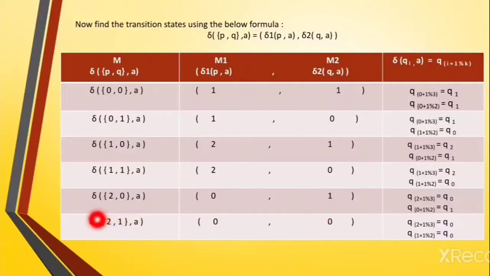For the last state, delta of (2,1), a: for 2 comma a we get 0, and for 1 comma a we get 0. We get these values using the string length mod k formula.